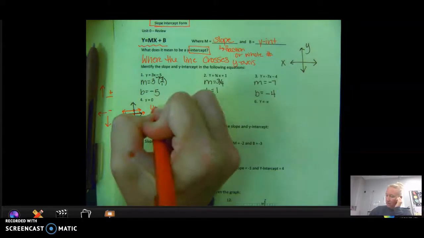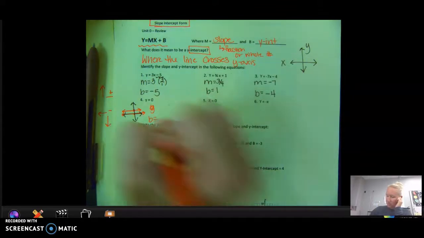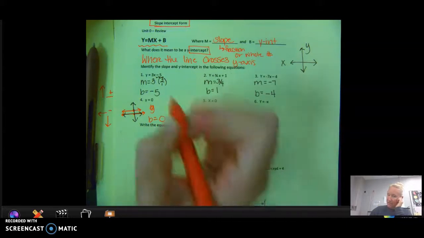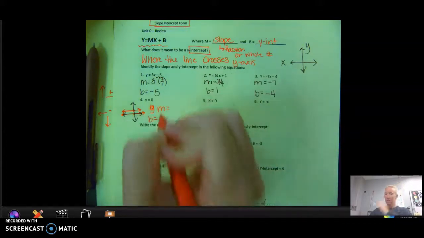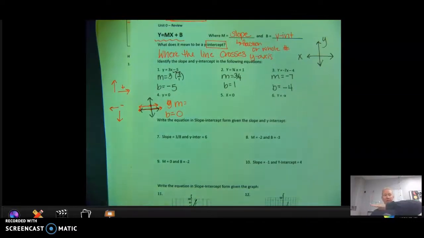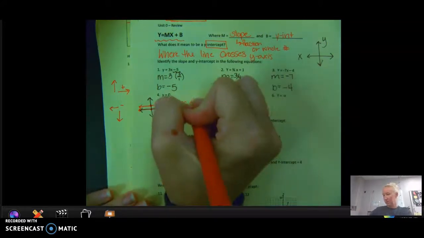Well, my y-intercept, or my b value, is actually 0 because it crosses the y-axis at 0. And my slope, we talked about this in the last set of notes about slope. If I have a horizontal line that is walking on the floor, there is no slope, or 0.